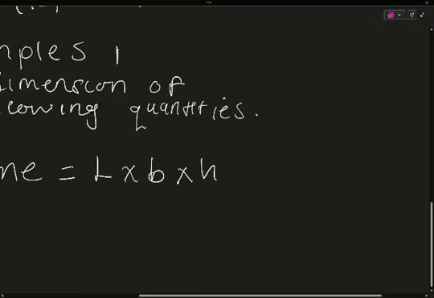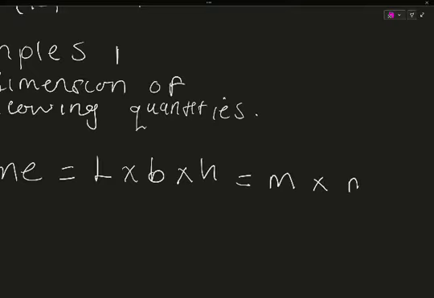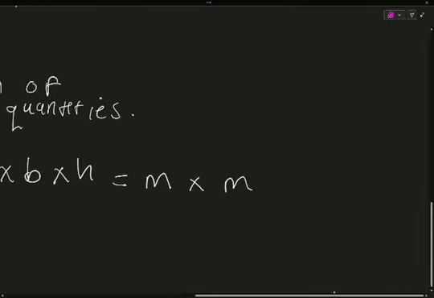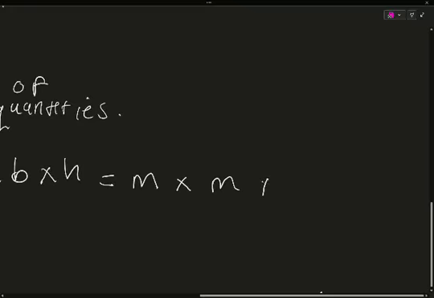We also know that the unit for length is meters, multiplied by the unit for breadth, which is also meters, multiplied by the unit for height, which is also meters.